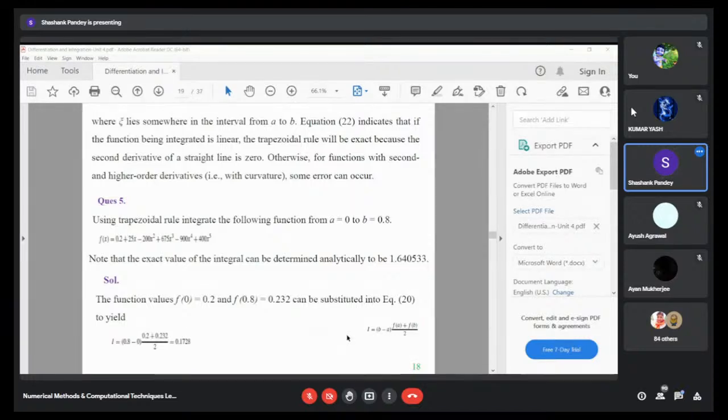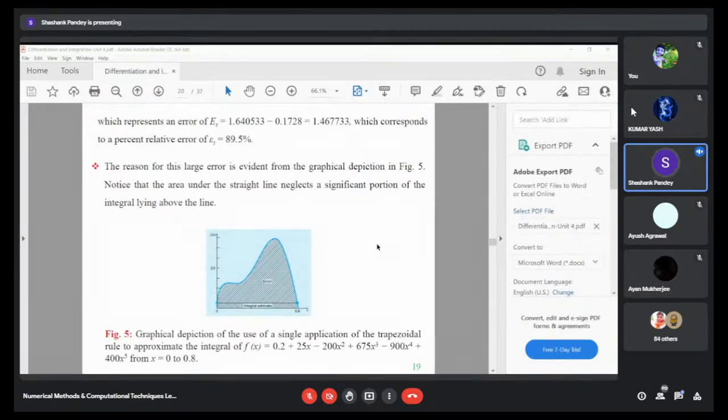And if we use the single application of the trapezoidal rule, the formula is I equal to b minus a times f of a plus f of b divided by 2, which gives us the value of the integral as 0.1728, which is not at all correct because the true value is 1.640533.